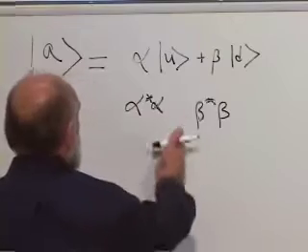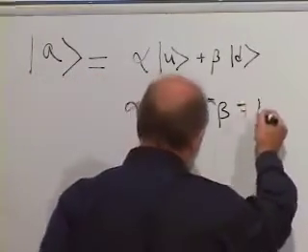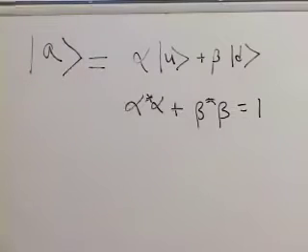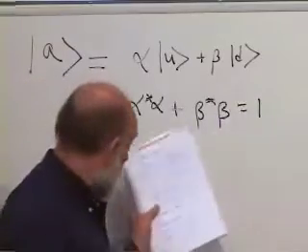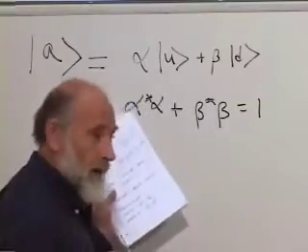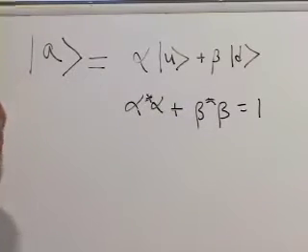And so, just to make the probability altogether equal to 1, we require that the sum of the squares is just equal to 1.